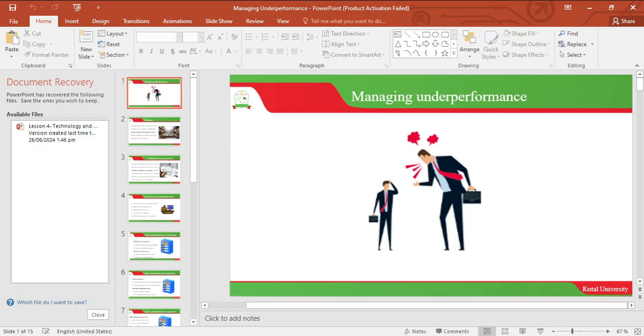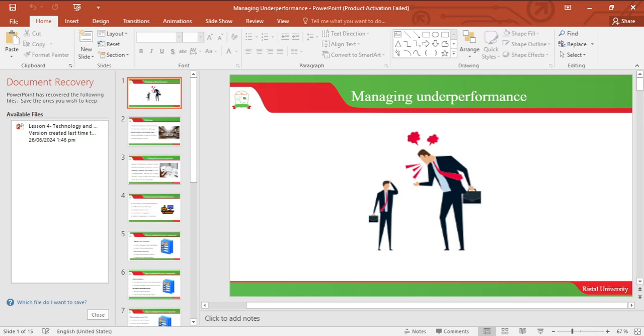Management of underperformance is one of the functions of the human resource department, to make sure that employees are performing to expectation, and that the organization is doing well in terms of productivity and delivering services to the client.